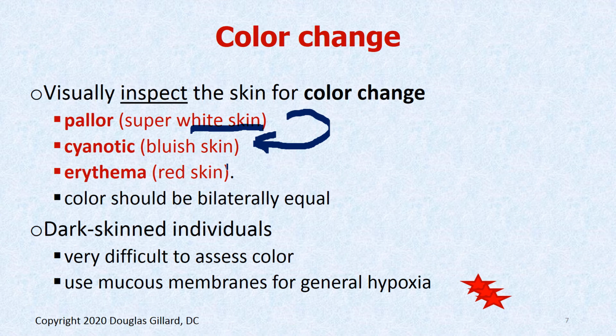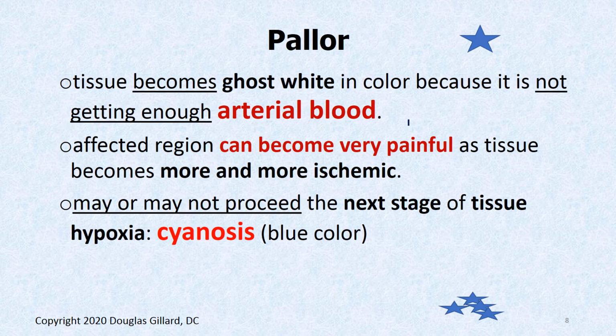And then the opposite is erythema, which is red skin. The color changes could be unilateral or they could be bilateral. It depends what the condition is. And pallor, let's get into these a little deeper. That's like a ghostly white color, and that means that they're not getting enough arterial blood.